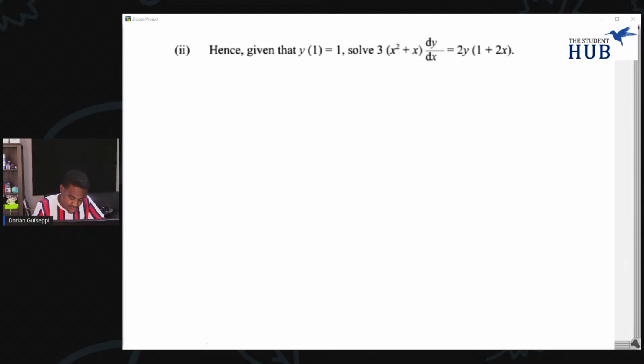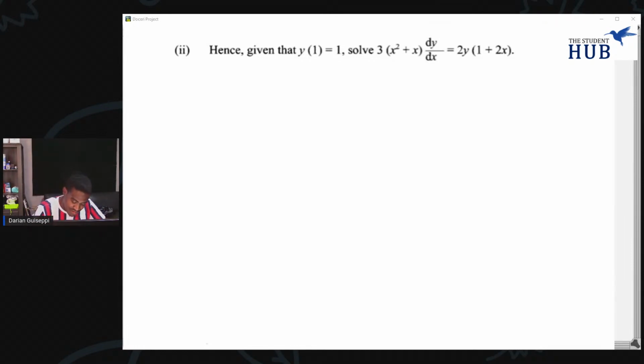This is the same differential equation from part 1, and the solution that we gained is the same solution to this differential equation. So let's use the information that they gave us, find the value for c, and that will be the particular solution, and that is it.